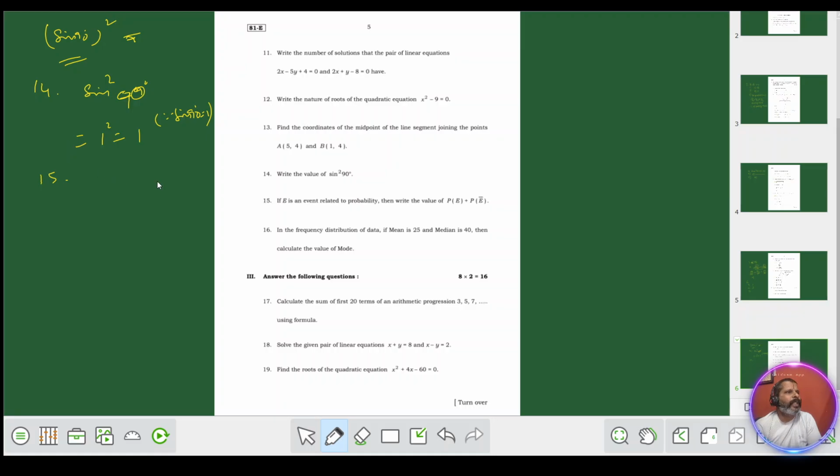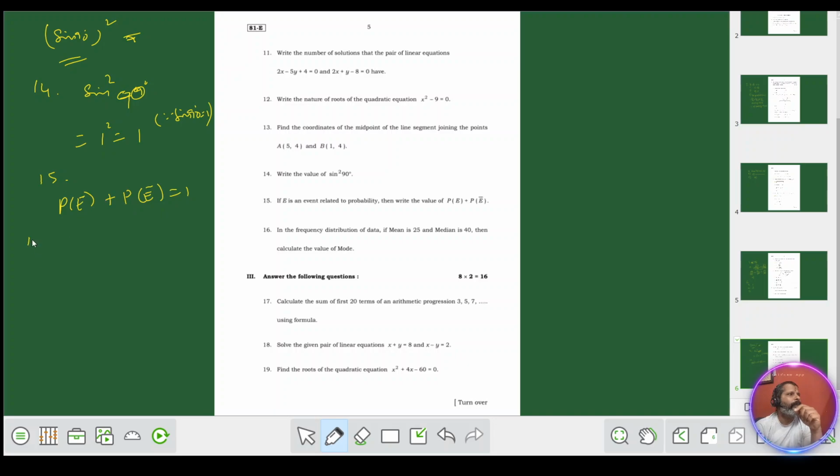15th one. If E is the event related to the probability, it's again a direct formula. Remember that there are 4 to 5 conditions in the probability chapter that can be asked as one of the 1 mark questions. This is one among them. This property is called the probability of an event, and the sum of the probability of an event and its negation is always 1. So the answer will be P of E plus P of E bar is 1.